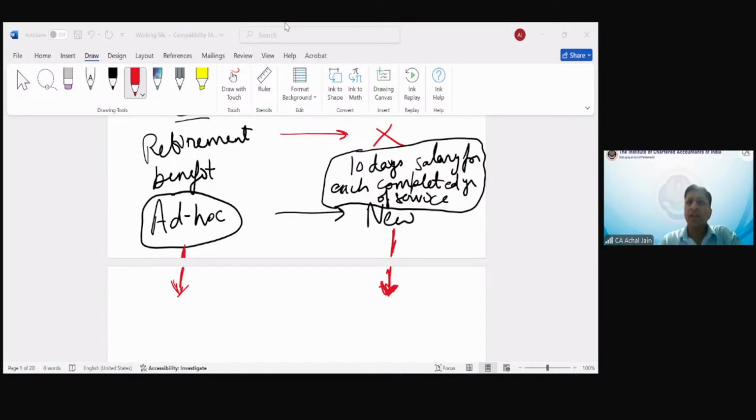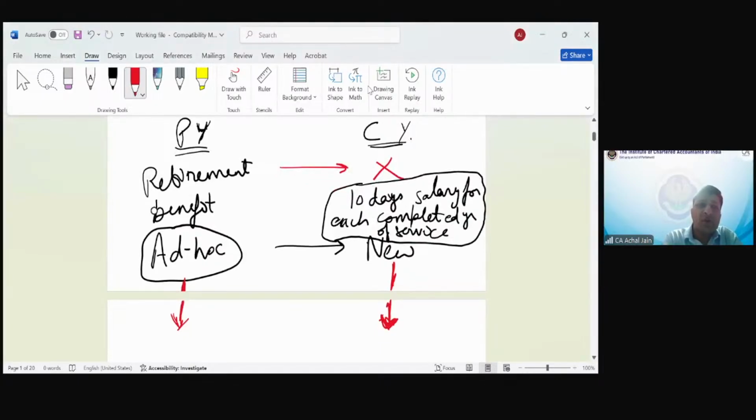Soumya, Ishan, they are saying no. So when the policies or employee benefits are different, the company will have some accounting requirement for these two employee benefits. Yes or no?